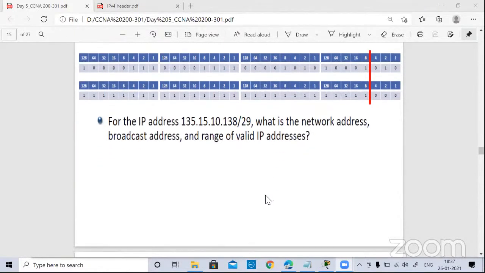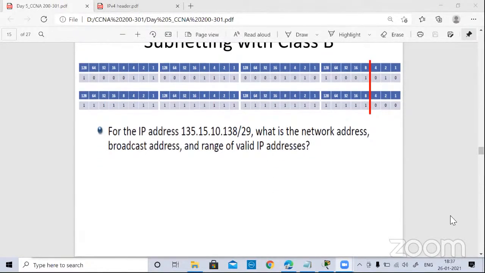Okay, so how do we understand the network address? Romel is answering, right. Yesterday we understood one important thing, that my network address is a multiple of the number of hosts. So how many host bits do we have in this picture?